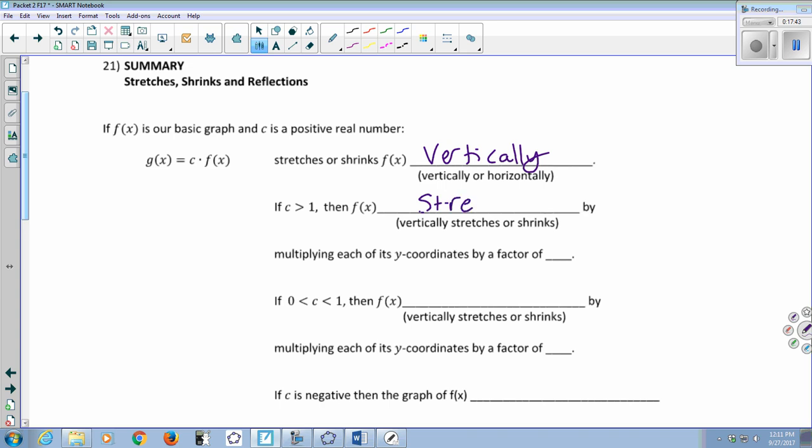F of x stretches by multiplying each of its y coordinates by a factor of c. If c is between 0 and 1, so you're multiplying the y coordinate by a fraction, then this is a shrink. F of x shrinks, and you calculate the shrink by multiplying each of its y coordinates by a factor of c. It just happens that c is a small number, so it causes a shrink. If c is negative, then the graph of f of x reflects over the x-axis.